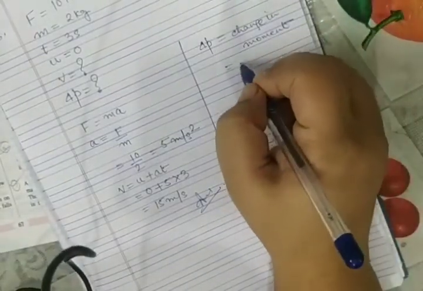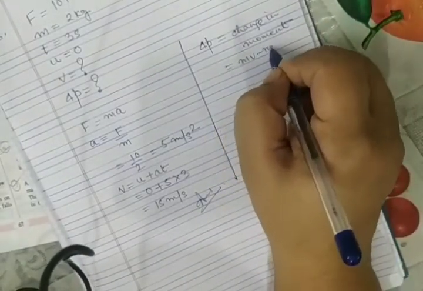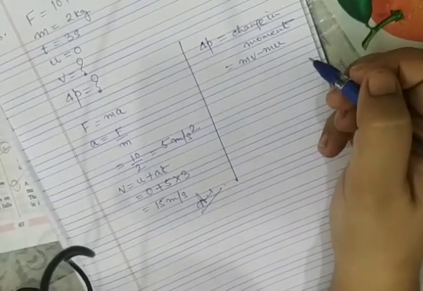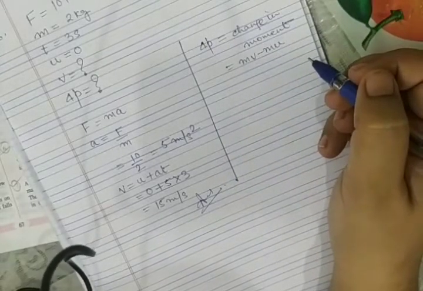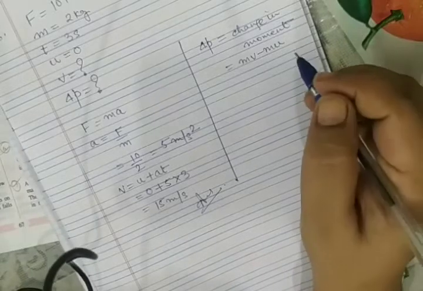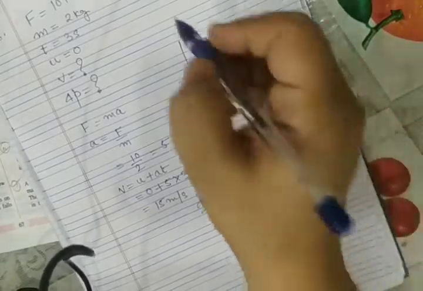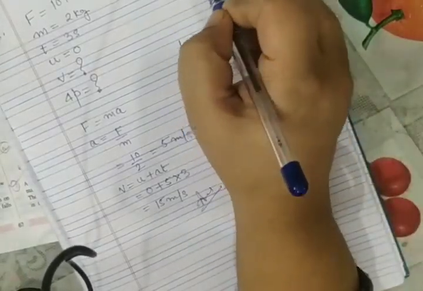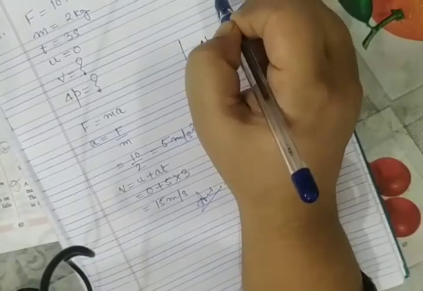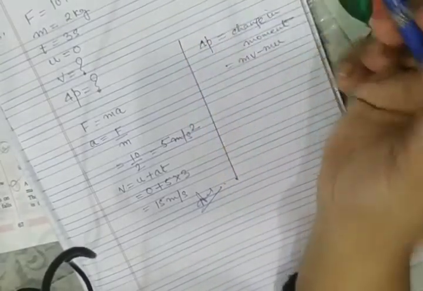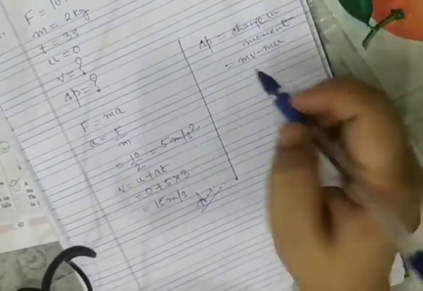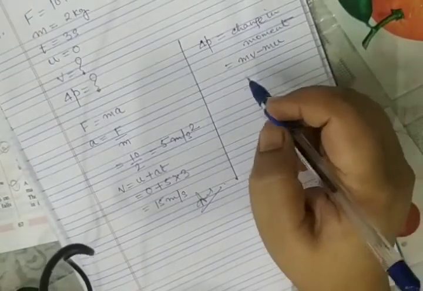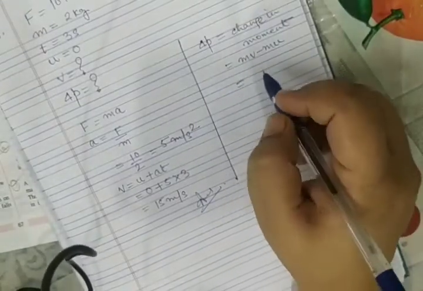Either you can calculate it with the help of mv minus mu, or you can calculate it with the help of the formula F is equal to delta P by delta T, or delta P by T. T we are taking the time duration only, right? So let us do it with this.